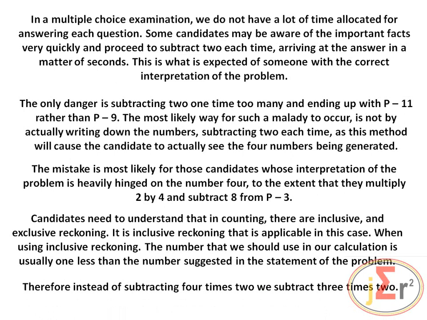Therefore, instead of subtracting 4 times 2, we subtract 3 times 2. So inclusive reckoning, we use 1 less. So instead of 4, we say 3. And of course, understanding that inclusive reckoning, the students will have no problem arriving at the correct answer, even if he did not choose to write down each one of the numbers as we have done.